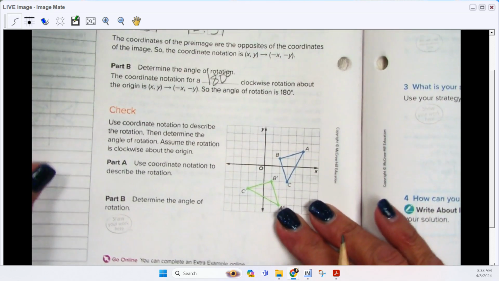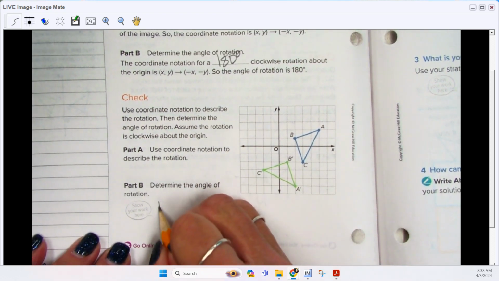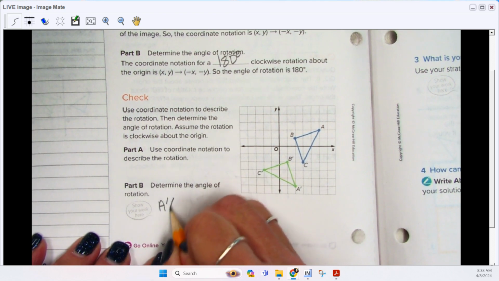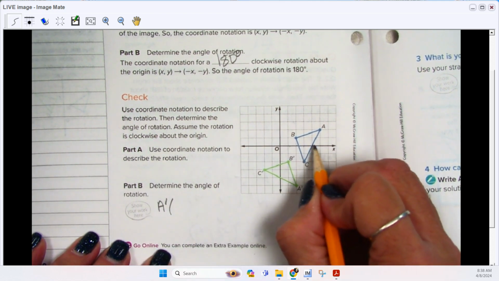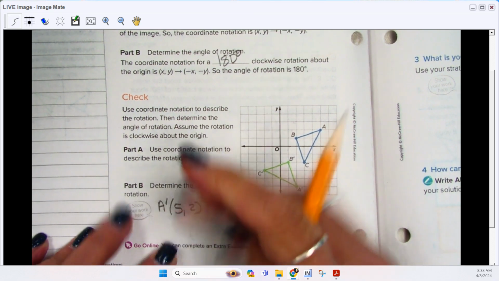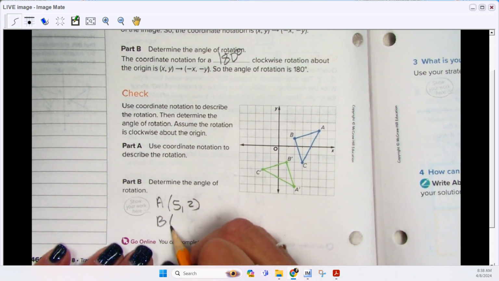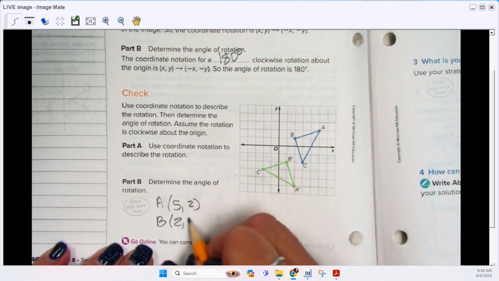Okay, so right here, we're going to do the same thing. A is at 2, 5. B is at 2, 1.